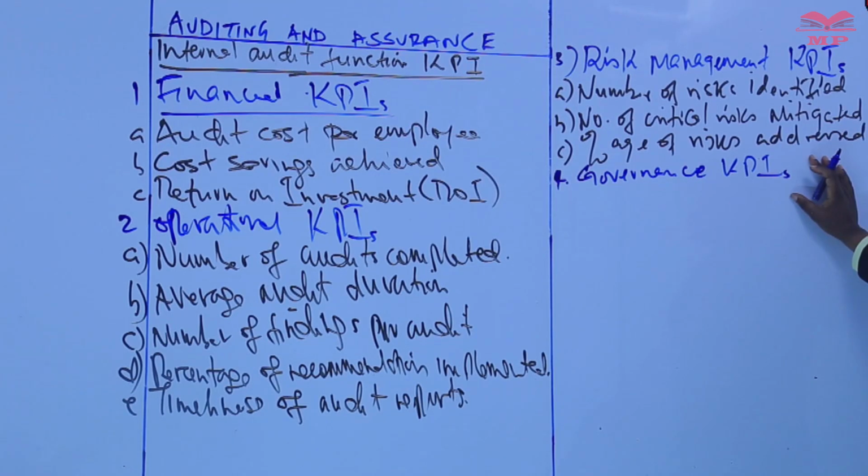And one such indicator is the percentage of board meetings attended. All right. Now, the percentage of board meetings attended is an indicator that measures the internal audit function's involvement in the organization's governance processes.